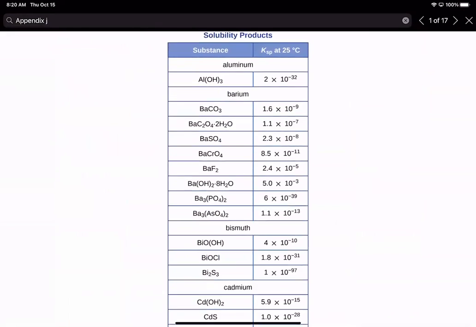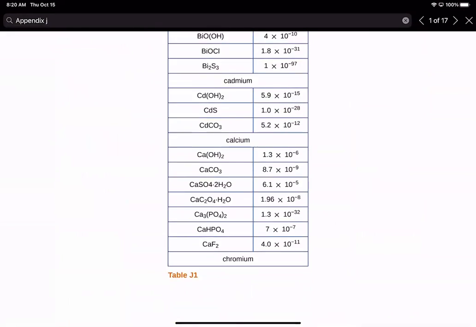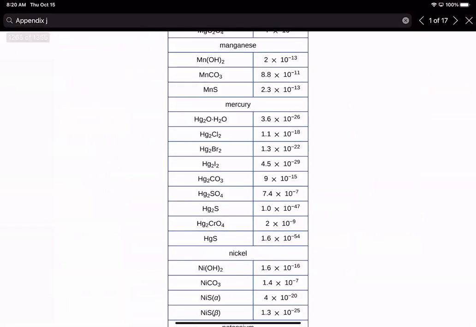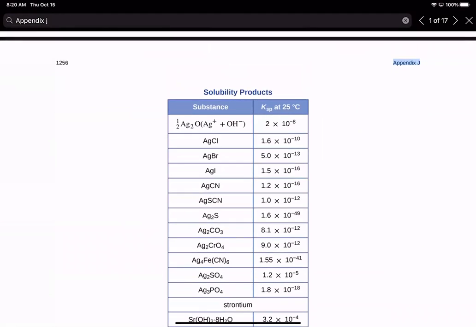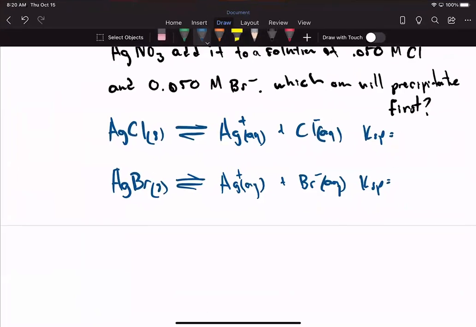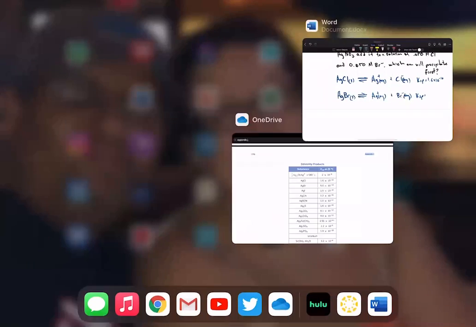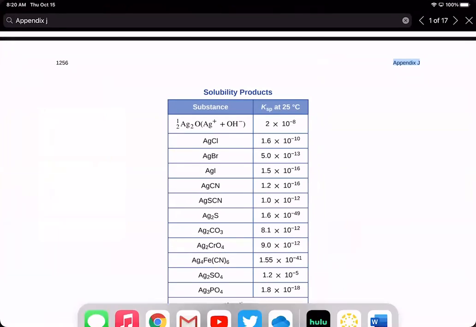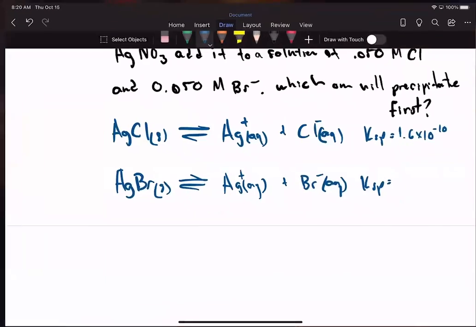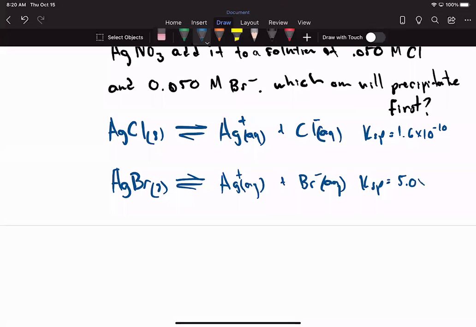There it is. Silver chloride is 1.6 times 10 to the minus 10. And silver bromide is 5.0 times 10 to the minus 13.